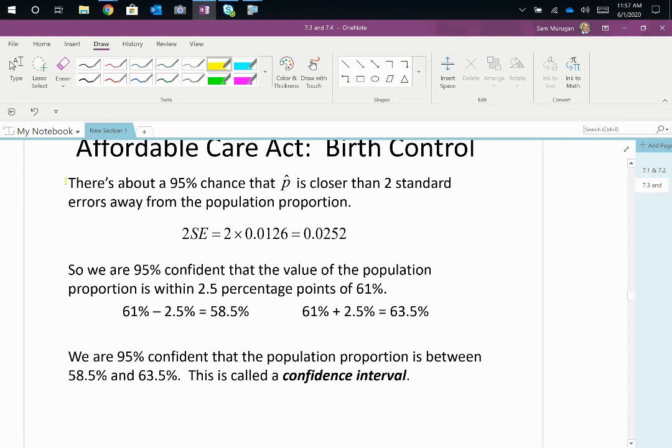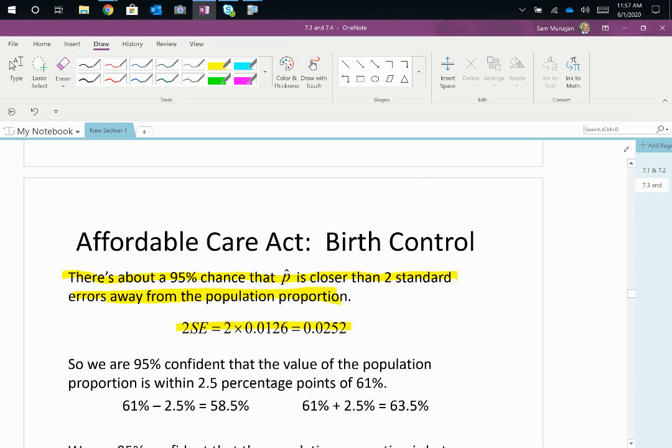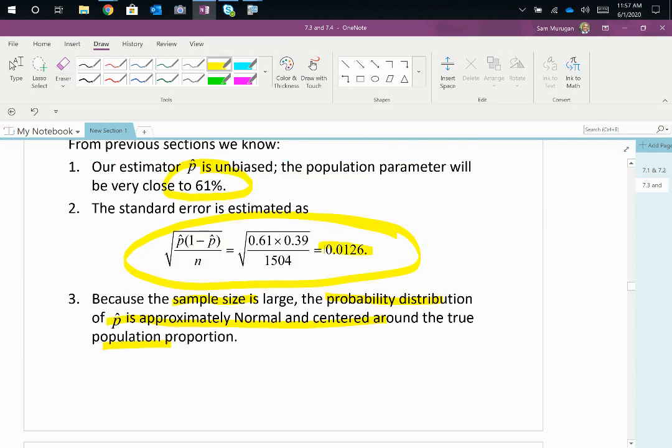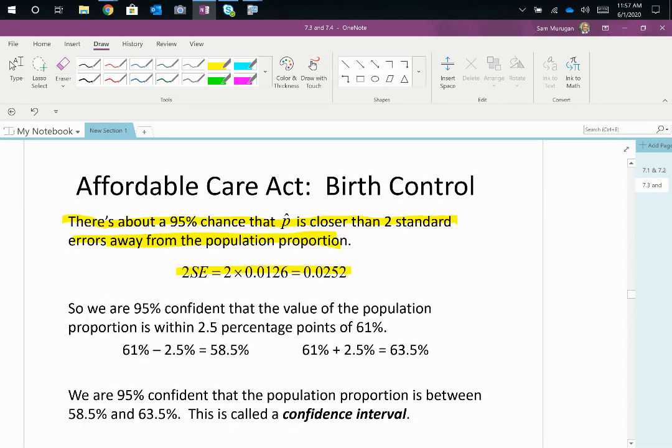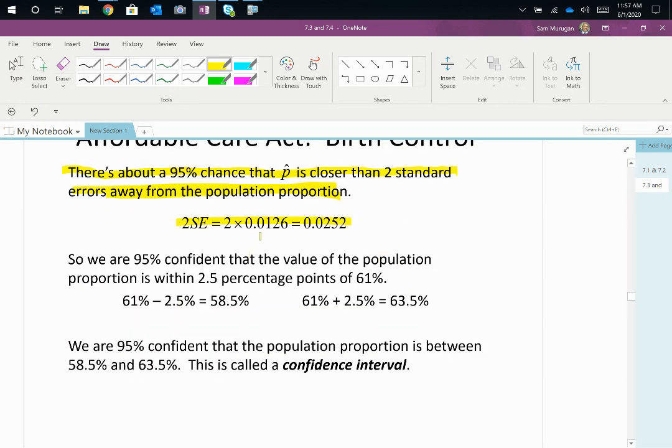The confidence level usually reads there's a 95% chance that P is closer to 2 standard errors away from the population. And that 0.126 came from this number, 0.0126. So 2 times 0.126. So that number is going to be 61 minus 2.5 and 61 plus 2.5.